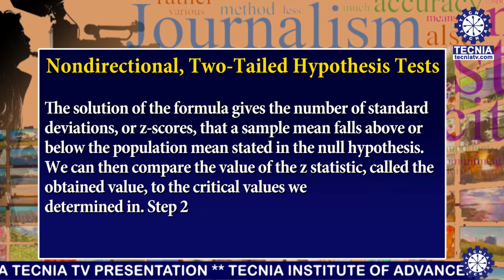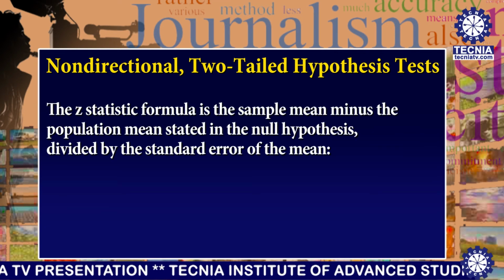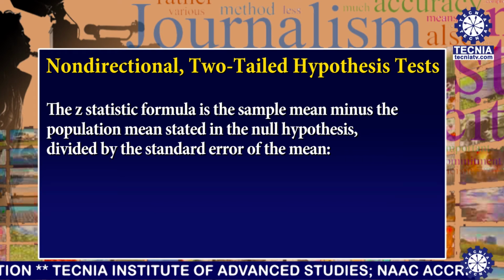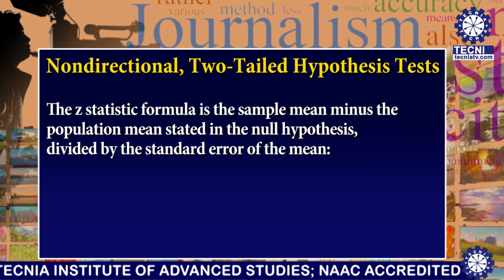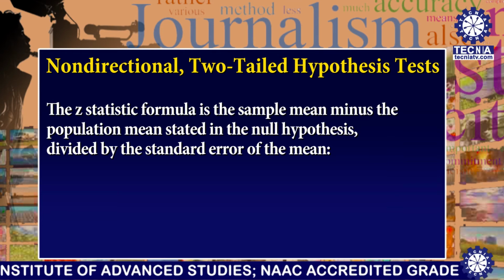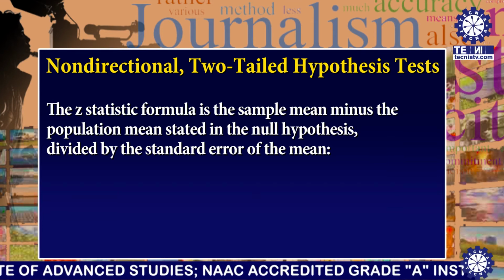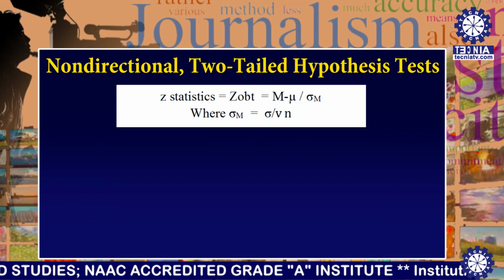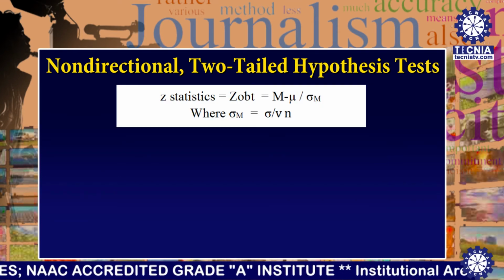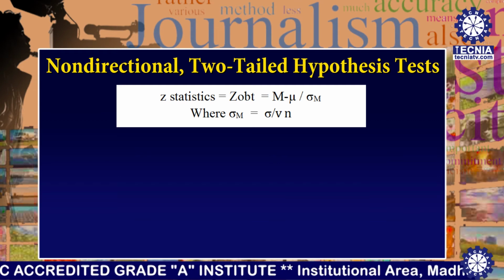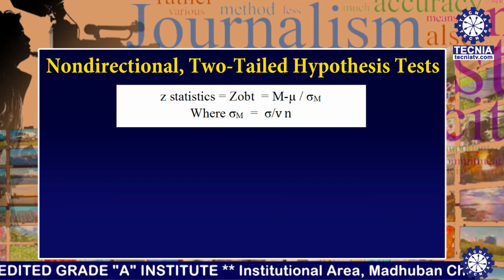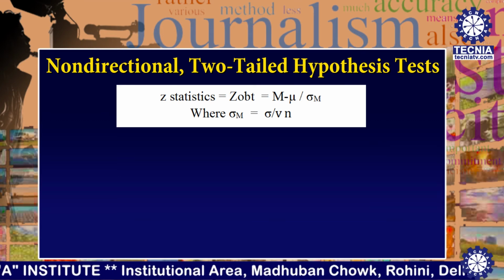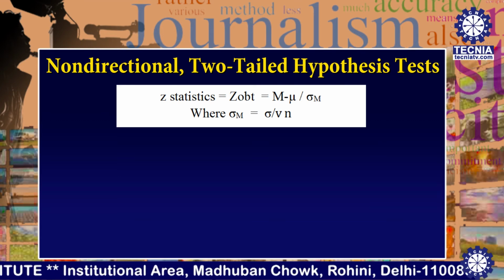The Z statistic formula is the sample mean minus the population mean stated in the null hypothesis divided by the standard error of the mean. Z statistic equal to Z obtained equal to M minus mu divided by sigma M, where sigma M equal to sigma upon root n.